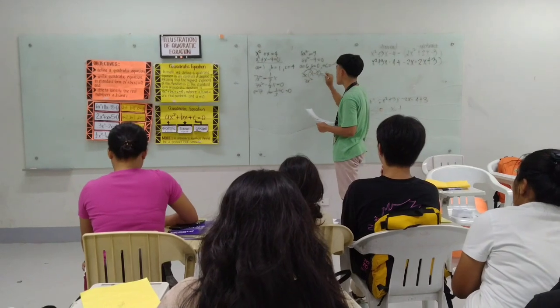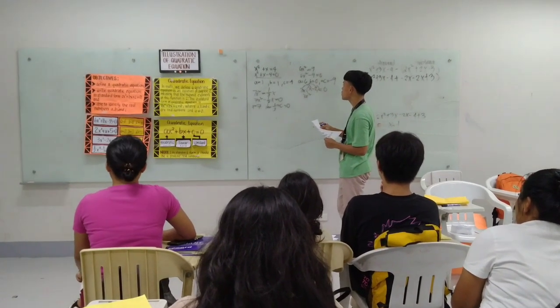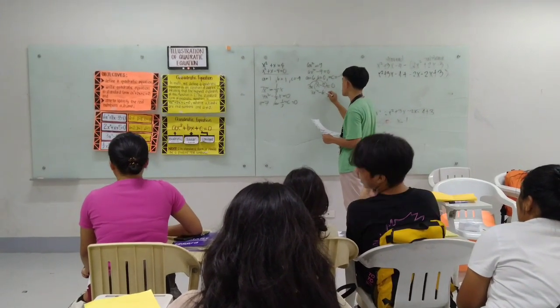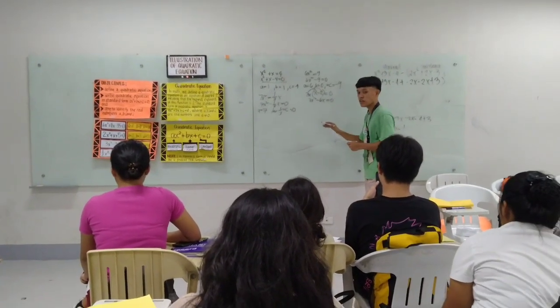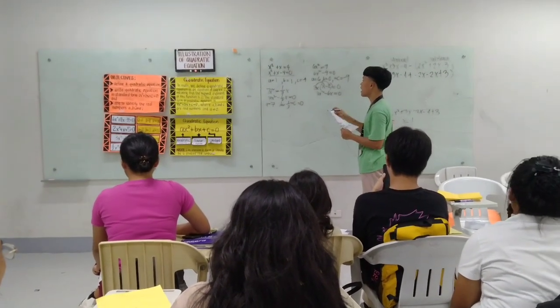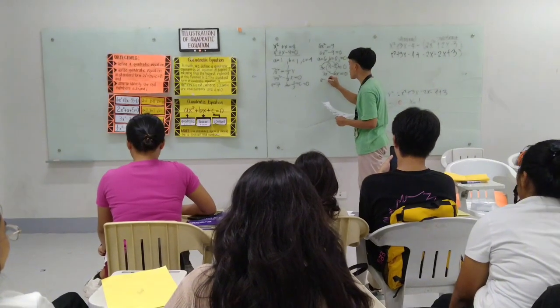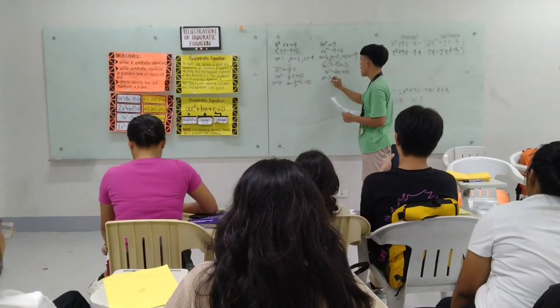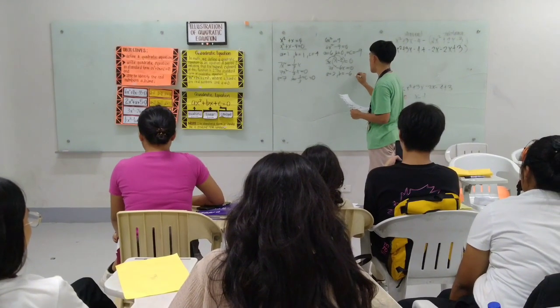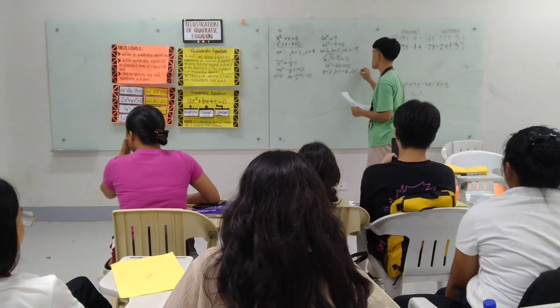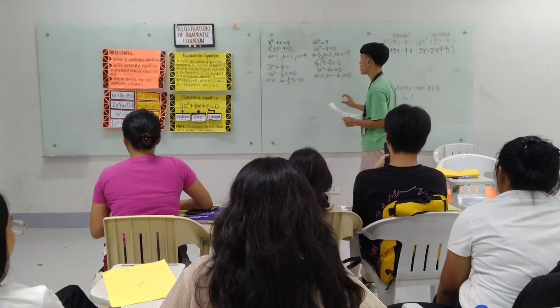So 3x times negative 2, very good, negative 6x is equal to 0. So now we transform it into standard form. We can now get the terms. Our A here is 3, and our B here is negative 6. Very good. And our C is 0. We don't have any constant term right here.